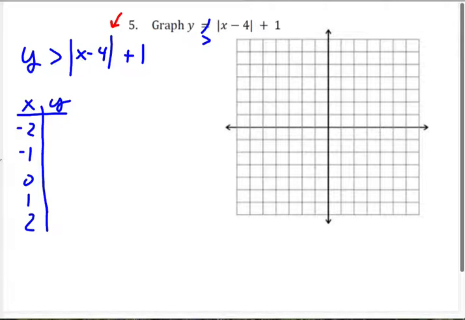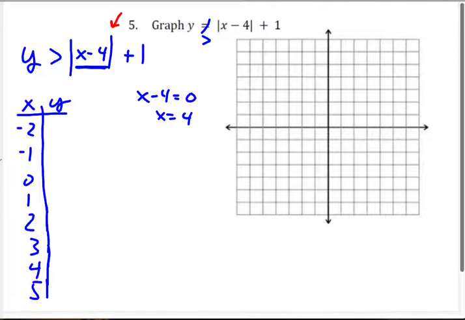However, when I do this, my lowest point for this absolute value function here is going to be when this is its lowest actual value, and that's going to be 0. X minus 4 equals 0. Adding 4 to both sides, I get x equals 4. So I know this. I'm going to have to go down a little bit lower, 3 and 4, just to get to the vertex, and I'd plug in 5 just to see how it goes up on the other side.